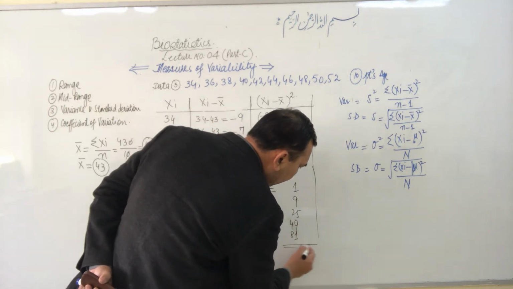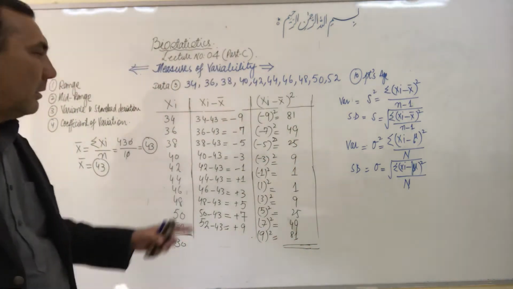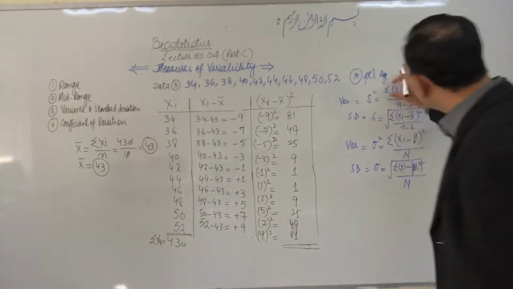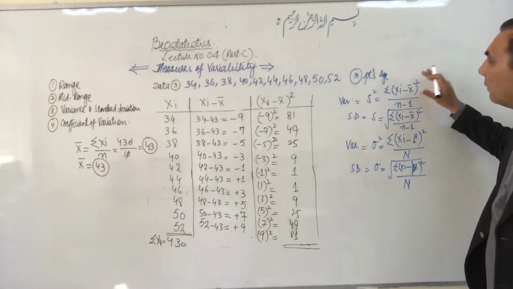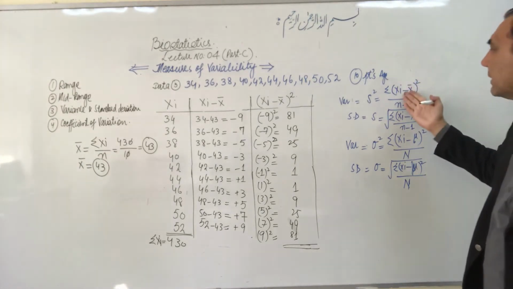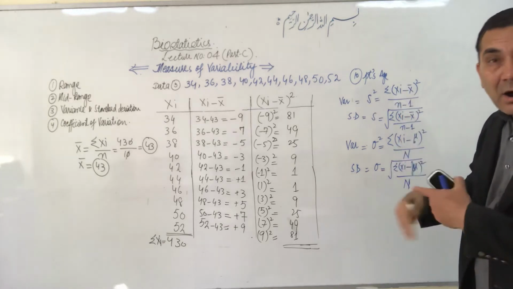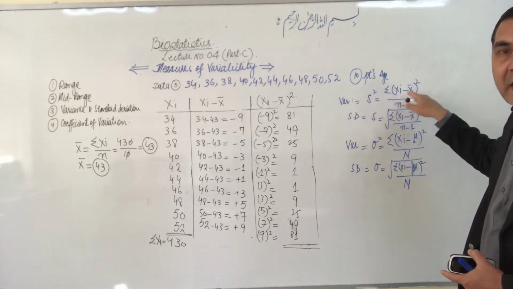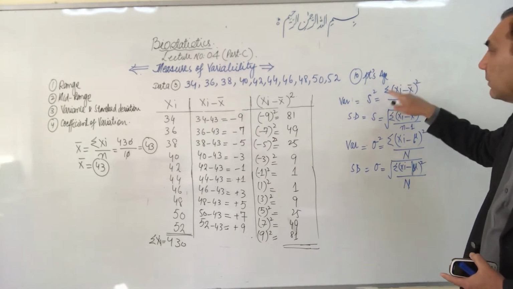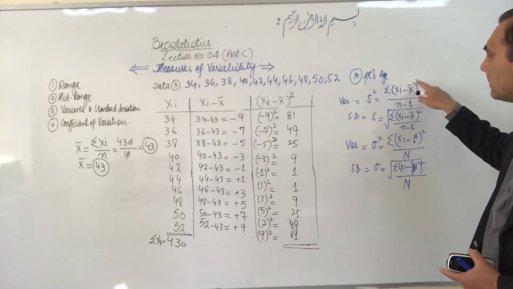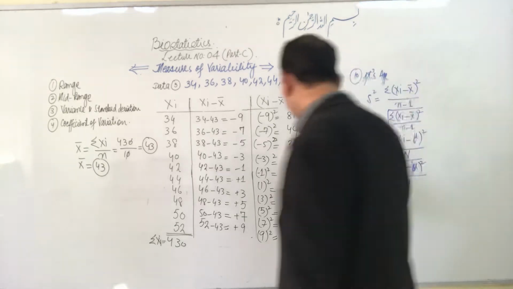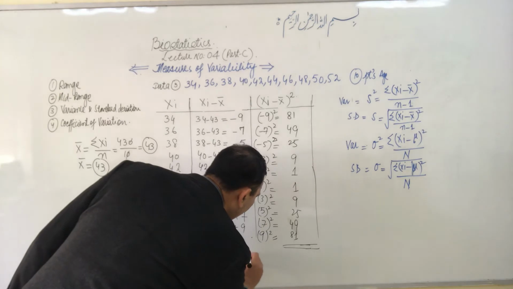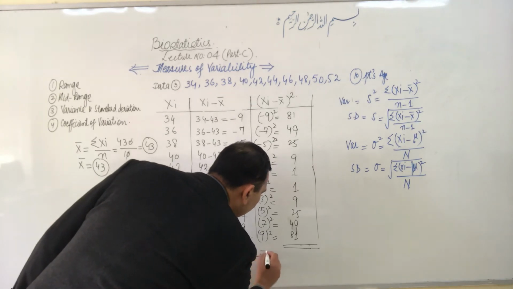Now here we solve the complex part of this formula, the hard part, which is the numerator of this formula, the sum of xi minus x bar whole square.